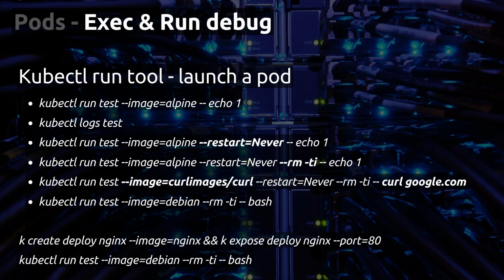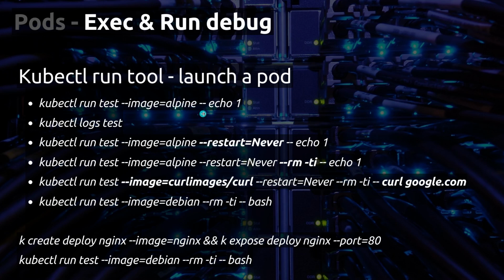So let's go. The first really useful command line in Kubernetes is kubectl run. We already saw this command, but it's really useful, like we can see right now. We can use kubectl run test, where test is the name of the pod, and --image, which is the name of our image.